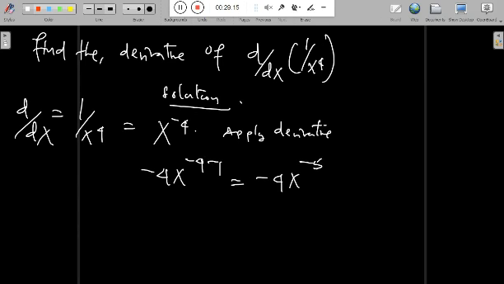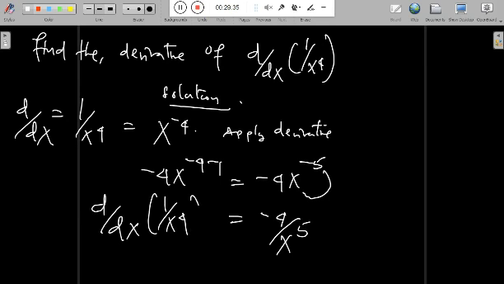So the answer will be equal to negative 4x raised to the power of negative 5. So when we apply the power rule, we need to take x raised to the power of negative 5 to the denominator side. So it will be equal to negative 4 over x raised to the power 5. So that will be the answer.